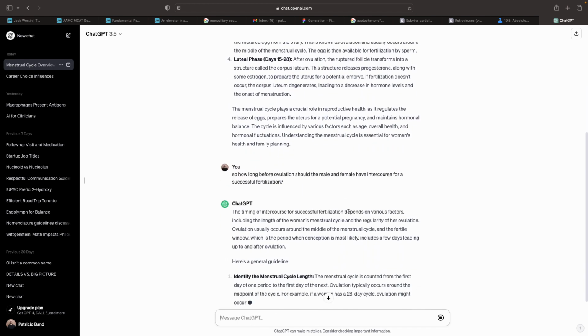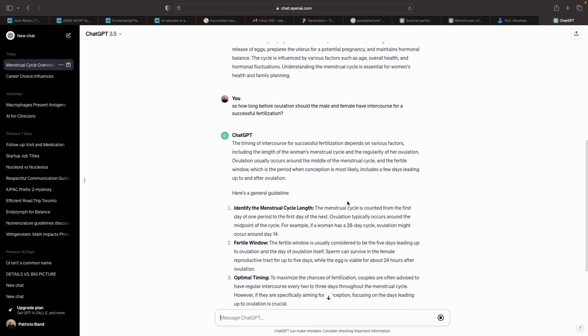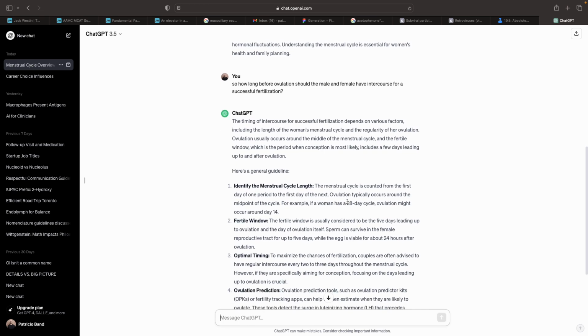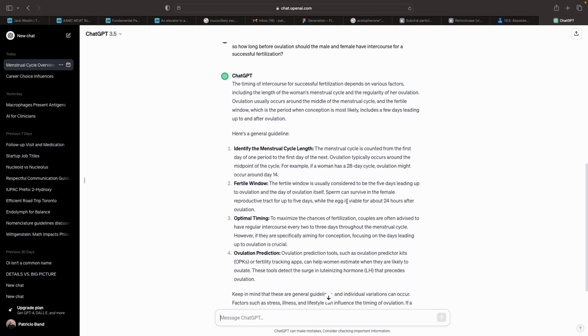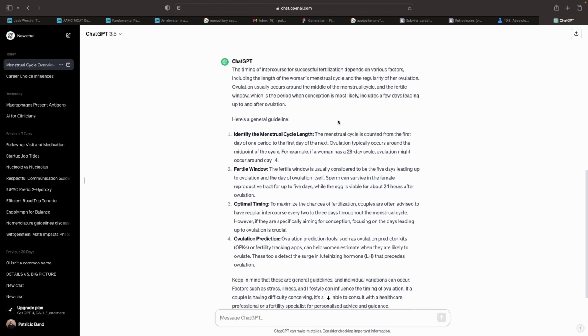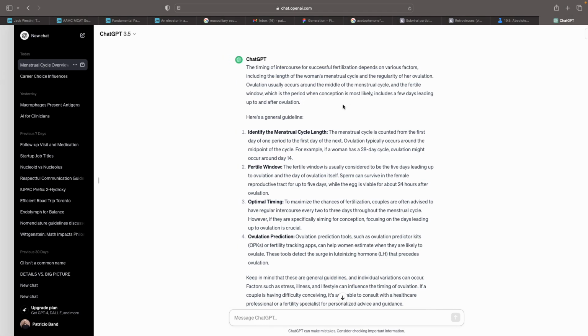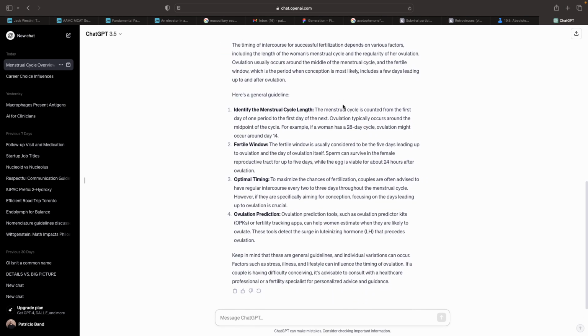The timing of intercourse for success depends on various factors, including the length of a woman's menstrual cycle and the regularity of her ovulation. Ovulation usually occurs around the middle of the menstrual cycle, and the fertile window, which is the period when conception is most likely, includes a few days leading up to and after ovulation. Identify the menstrual cycle length.